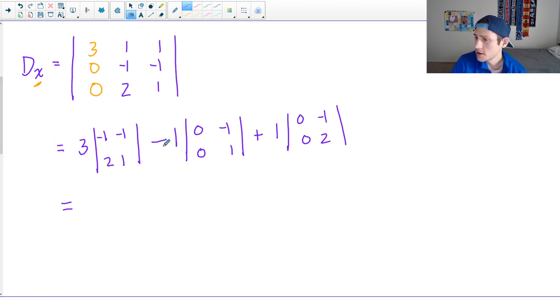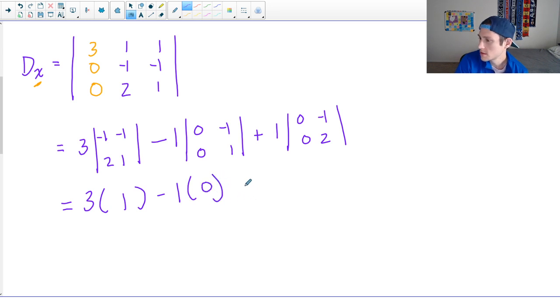And so we're just calculating 2 by 2 determinants now. So 3 times negative 1 times 1 is negative 1, minus negative 2, so negative 1 minus negative 2, that's 1. Okay, minus 1 times 0 times 1 is 0, minus 0 times negative 1 is 0, so 0 minus 0 is 0.